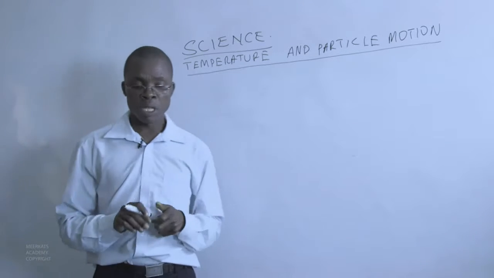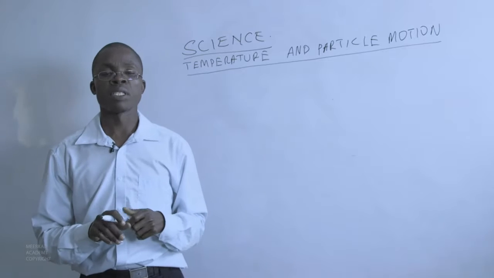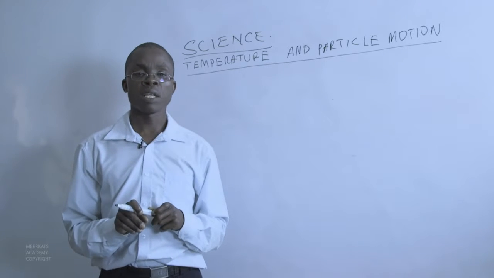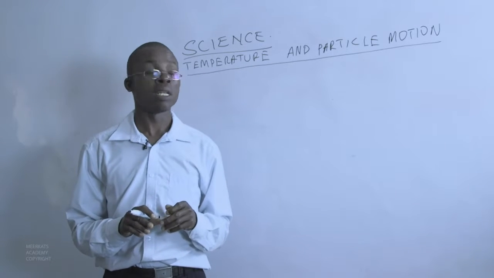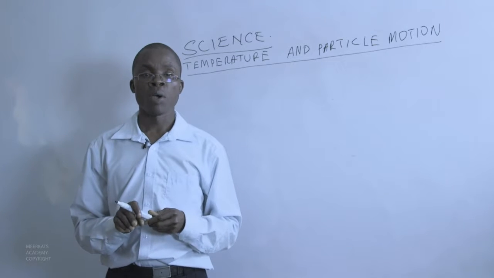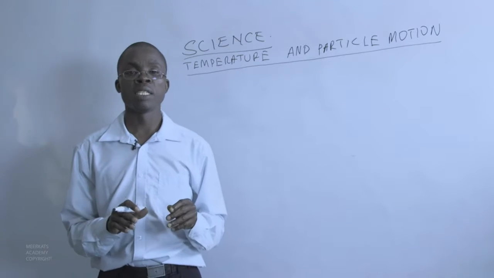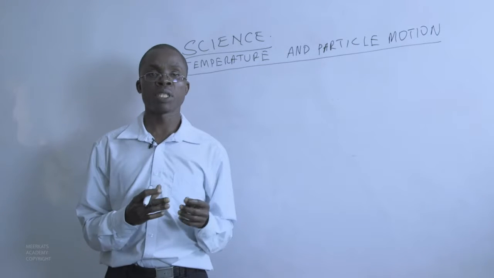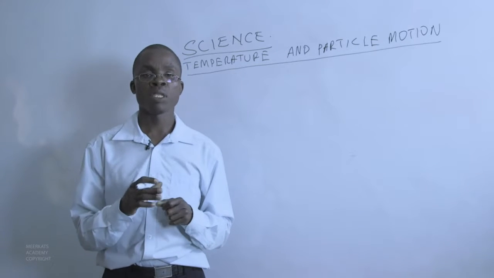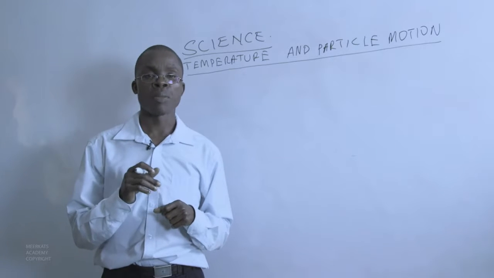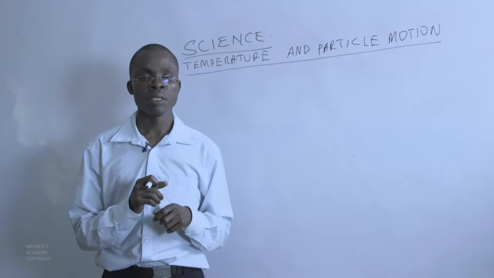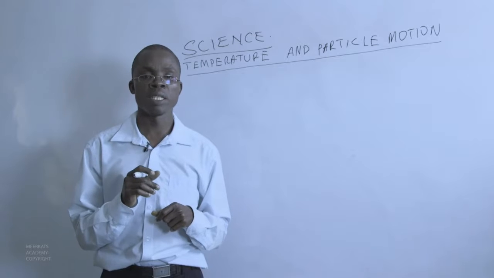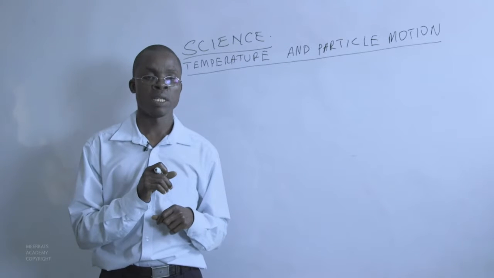So, in today's lesson, looking at temperature as a factor that is very important in motion of particles, we understand that temperature is a measure of how much kinetic energy a particle has.